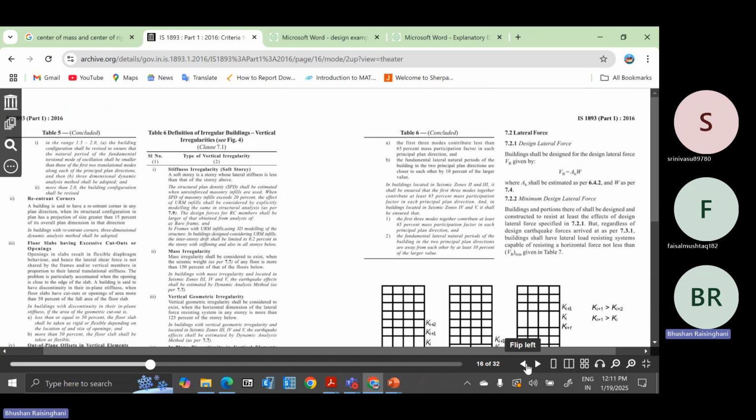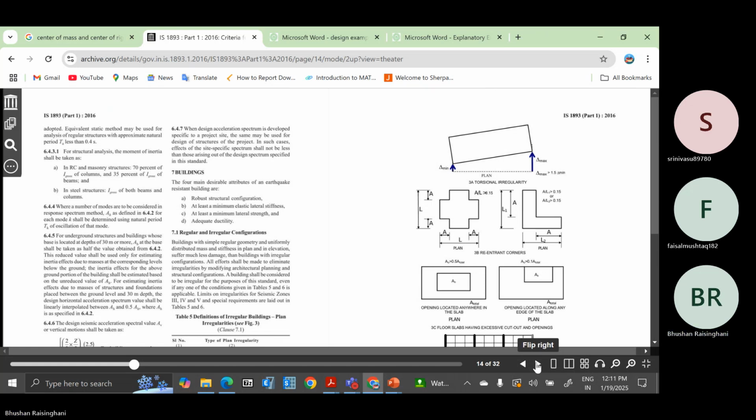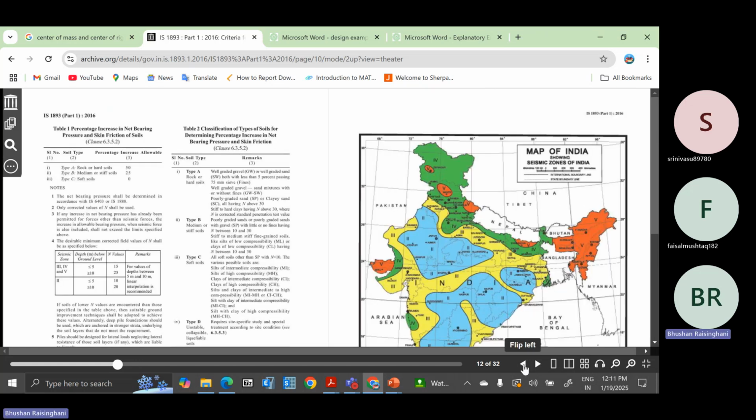So this portion we have covered related to torsion, and now we will go to the definition part of it. What is CM and what is CR?